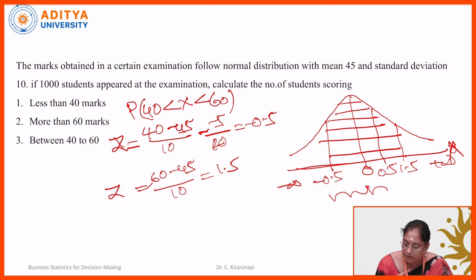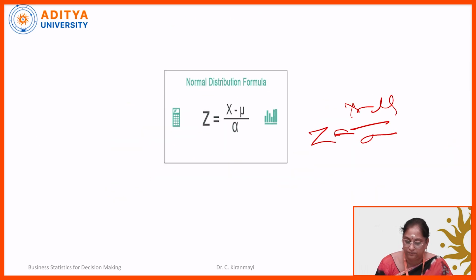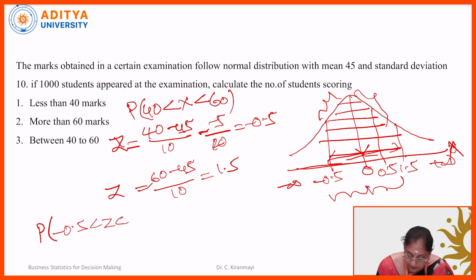Sum up the area from minus 0.5 to 0 and 0 to 1.5. If you sum up these two areas, you are going to obtain the area of the shaded region.